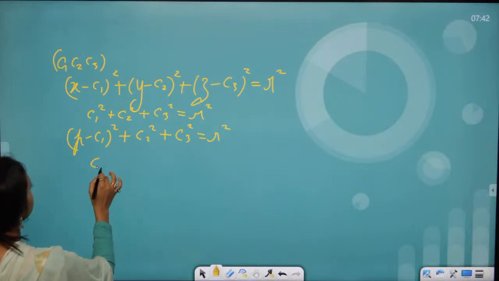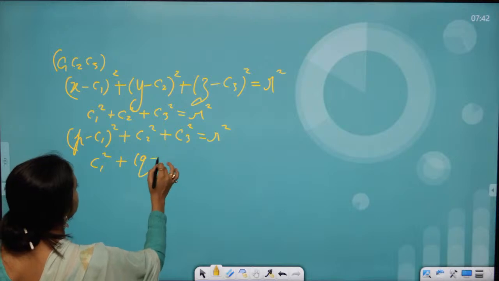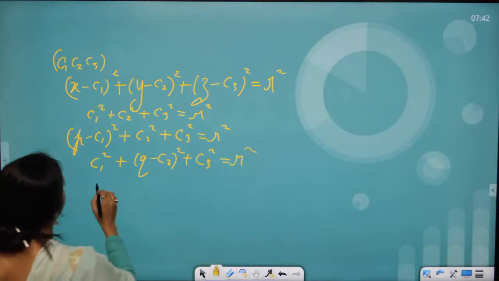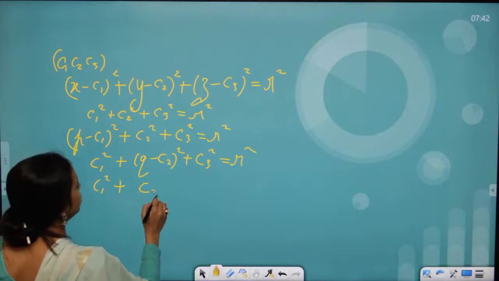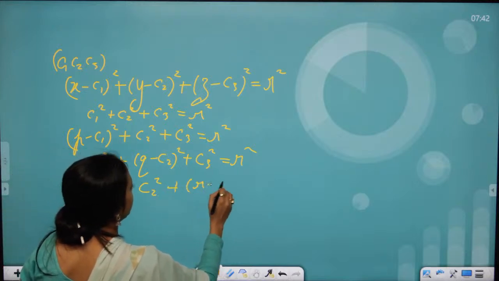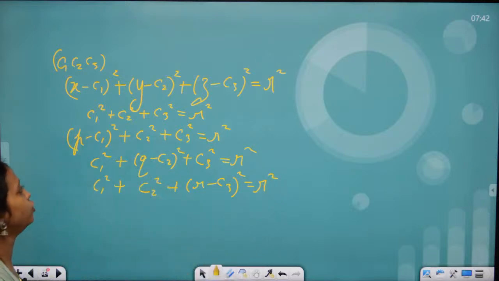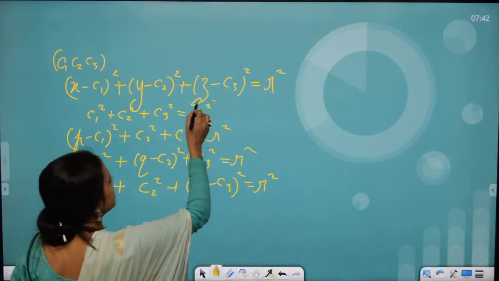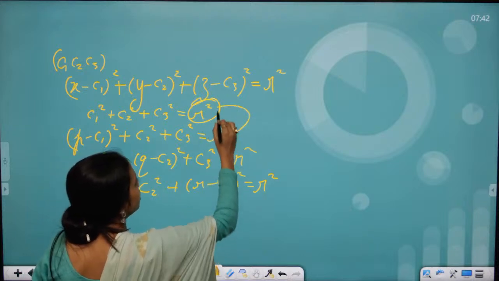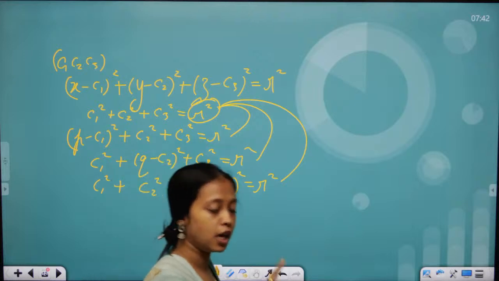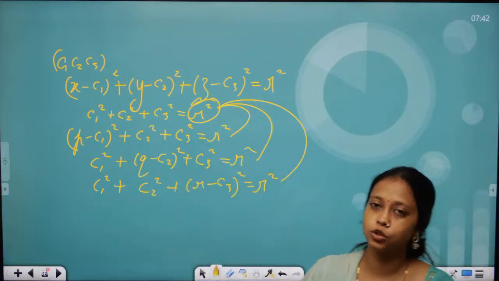This is c1 square plus q minus c2 square plus c3 square is equal to r square, and c1 square plus c2 square plus r minus c3 whole square is equal to r square. Now what you have to do, just replace the value of r square in this equation, this equation, this equation. You will get the value of p, q and r, and that's what is needed.